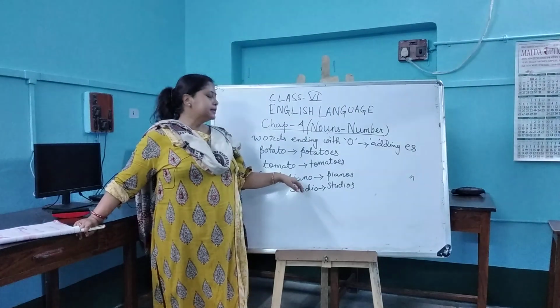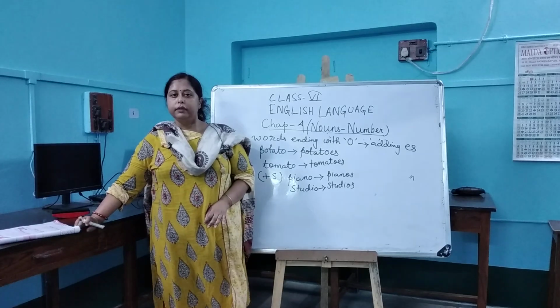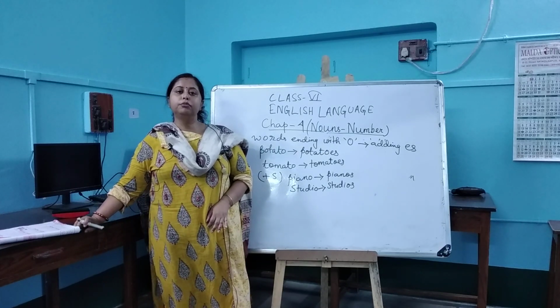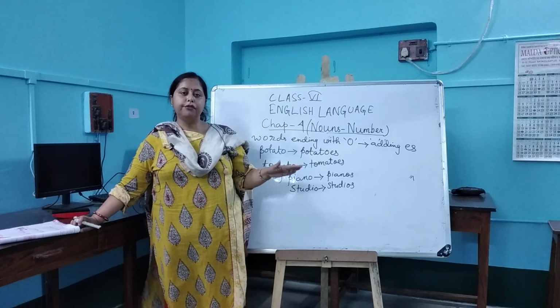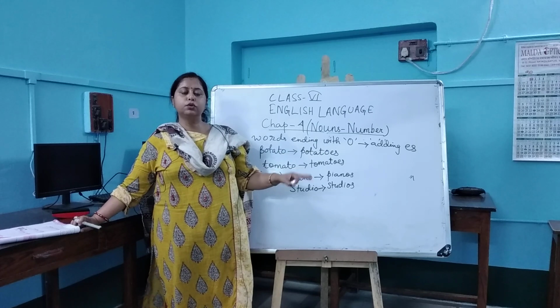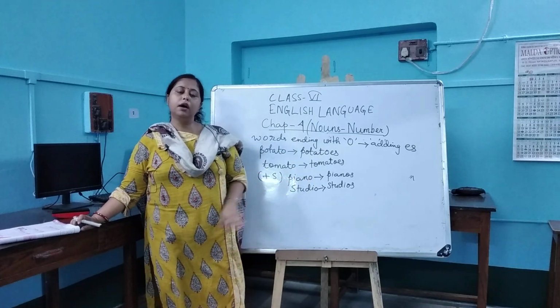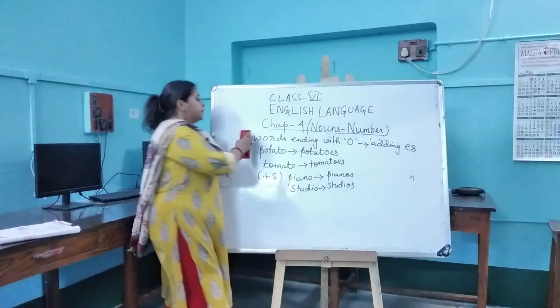But in some cases, like piano, studio, photo, stereo, dynamo, these are words which do not change their form by adding ES. We only generally add S to the word and it changes to the plural form. Now this is the third form.